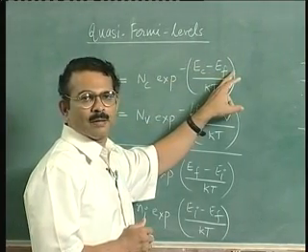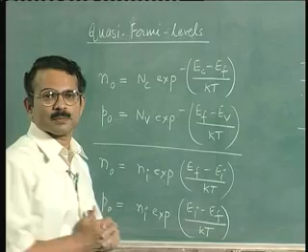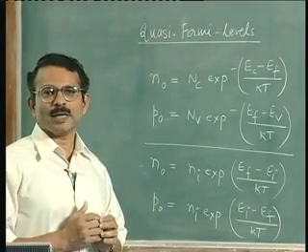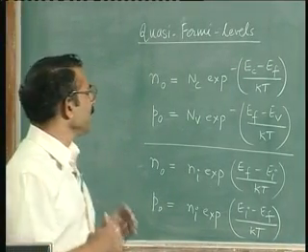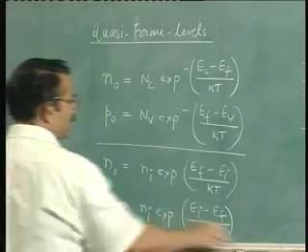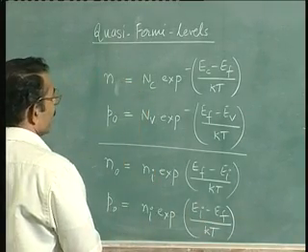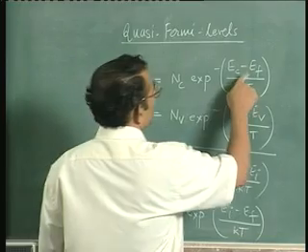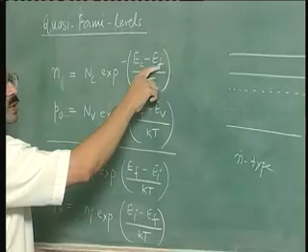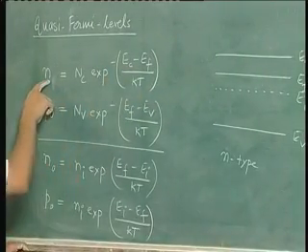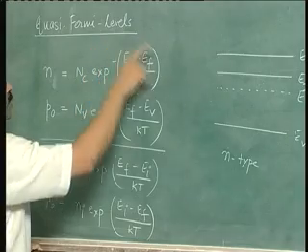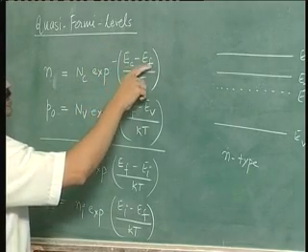So we can always use similar equations under non-equilibrium conditions. What will happen now is that instead of n naught you will have n, which will be more than n naught. So therefore the difference Ec minus Ef should reduce. If your left hand side increases, the right hand side should also increase, and this means the difference should reduce.